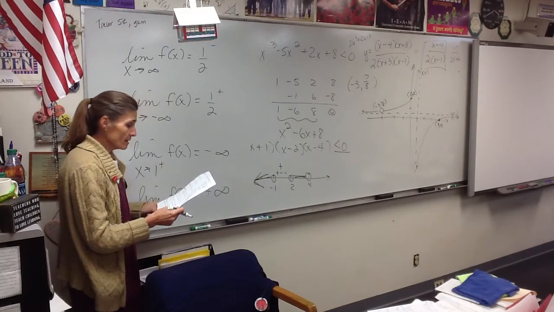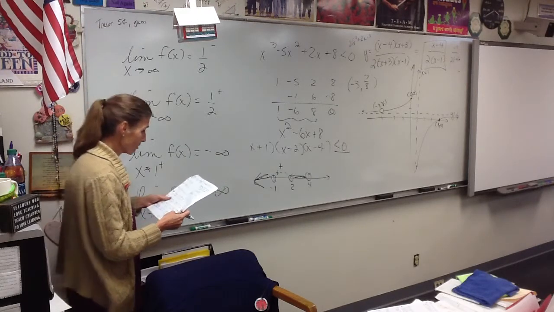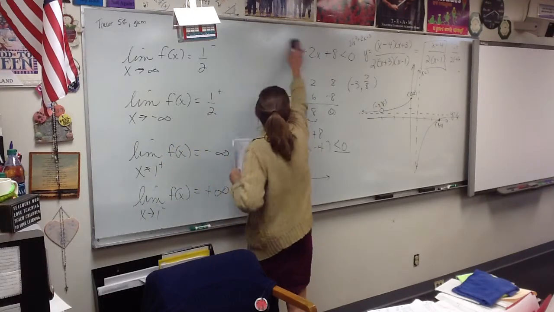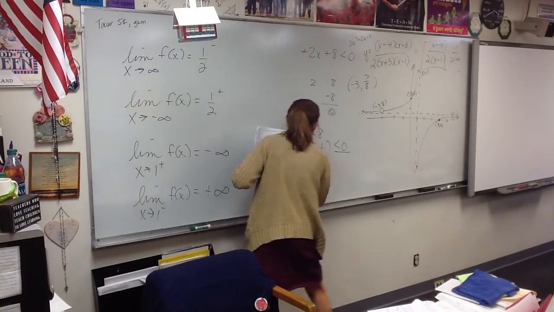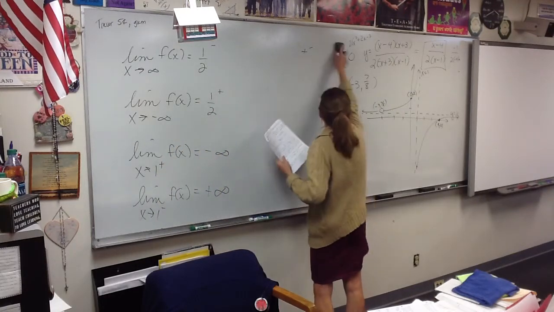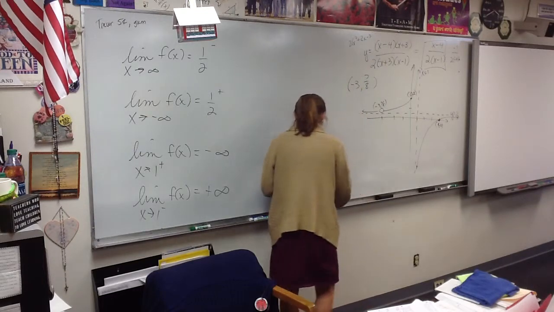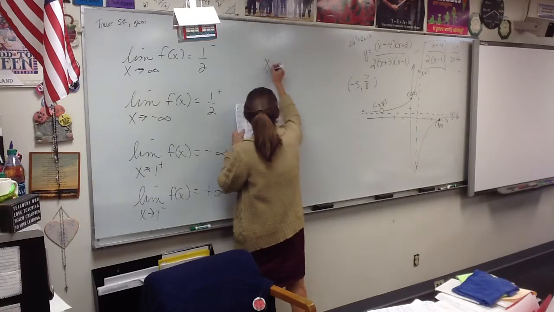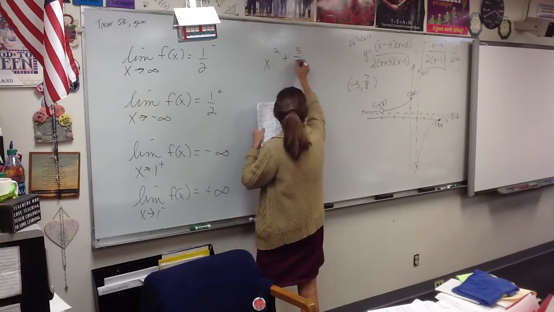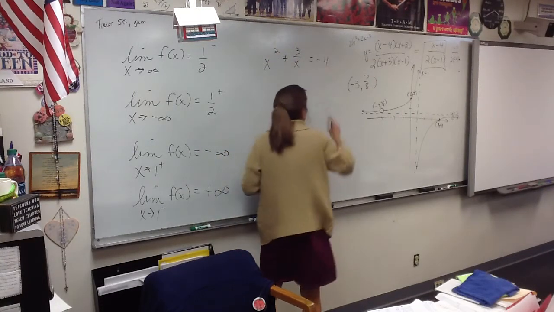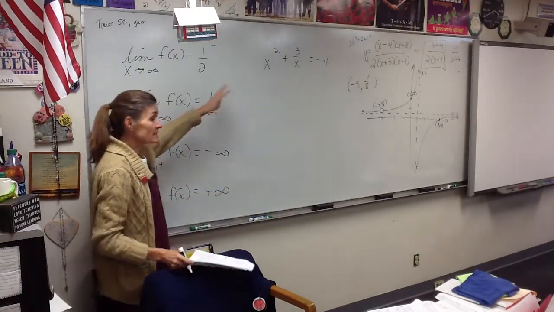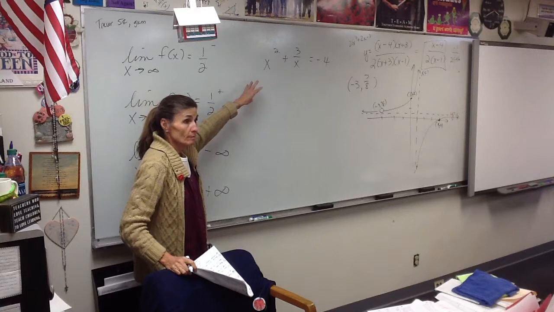All right, now we're going to use our calculator on all the rest of them. So let's just take care of number 11 while we're here. Now, this is an equation.